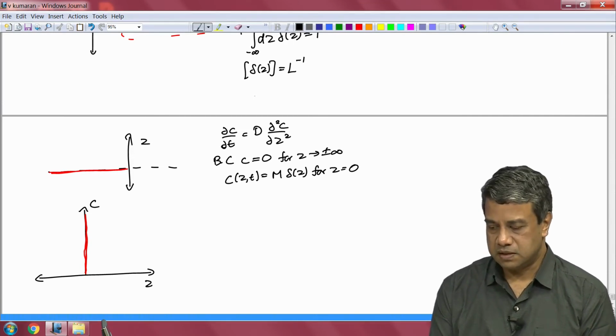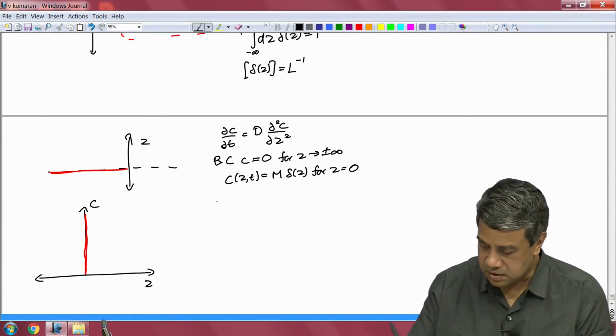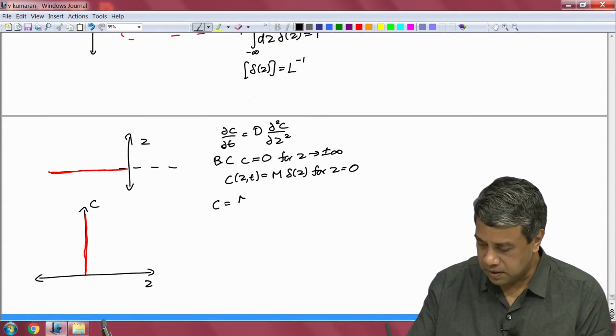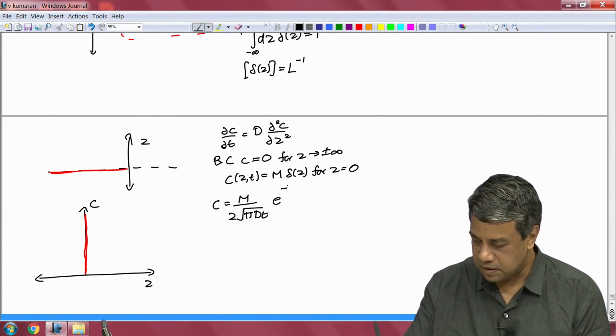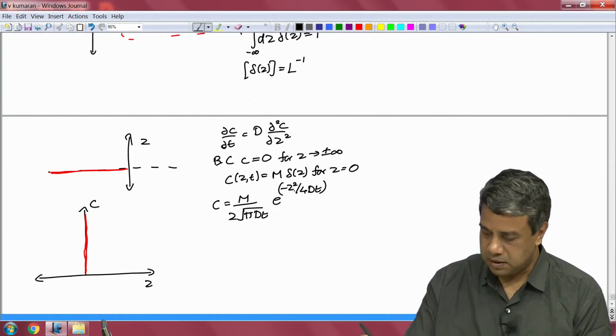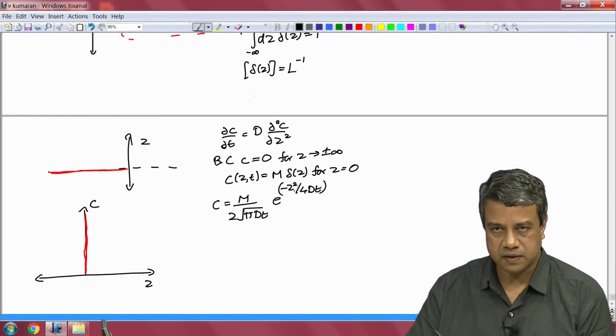The solution of this equation is c equal to m by 2 root pi Dt, e power minus z square by 4 Dt. That is the solution. It is a Gaussian function.